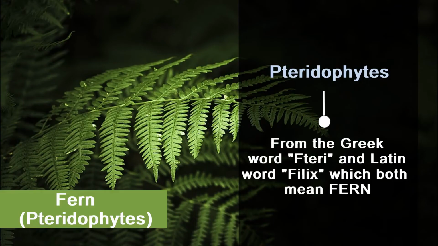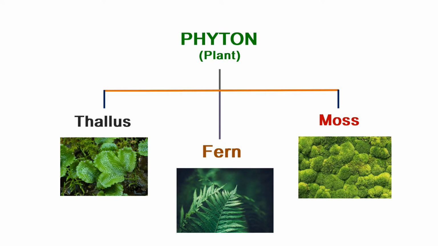And the pteridophytes, or filicales, from the Greek word pteris and Latin word filix, both mean fern. Phyton is the Greek word for plants. Thus, the three branches of these non-flowering plants include thallus plants, moss plants, and fern plants.